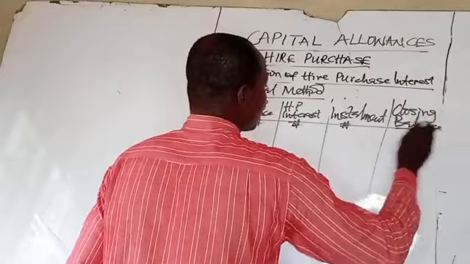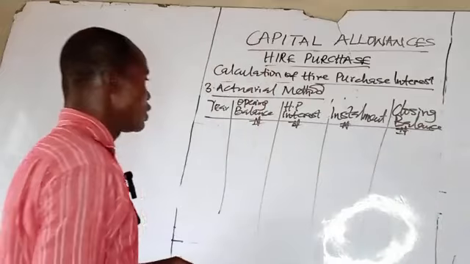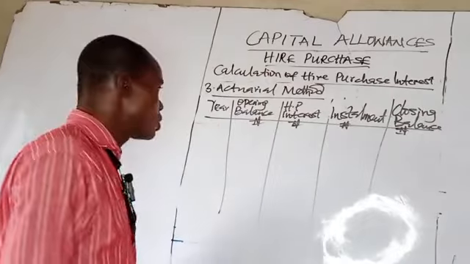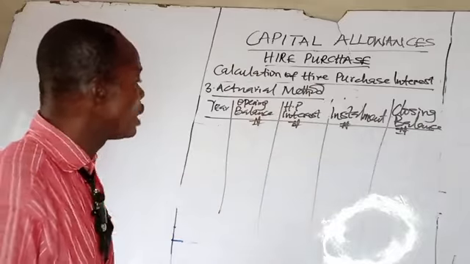This is the format for computing the higher purchase interest using the actuarial method.